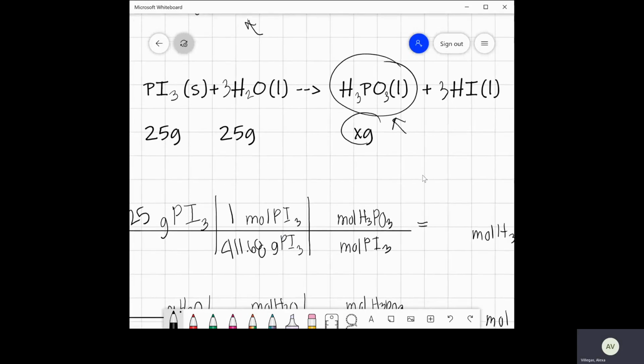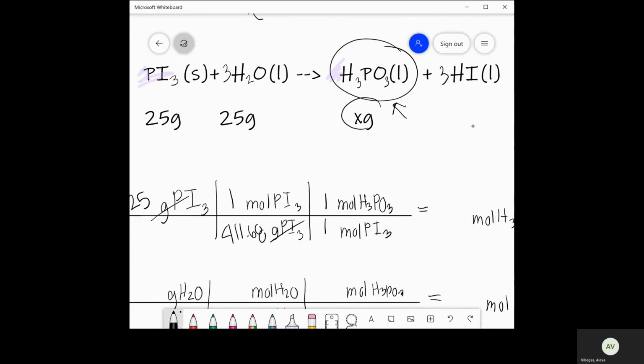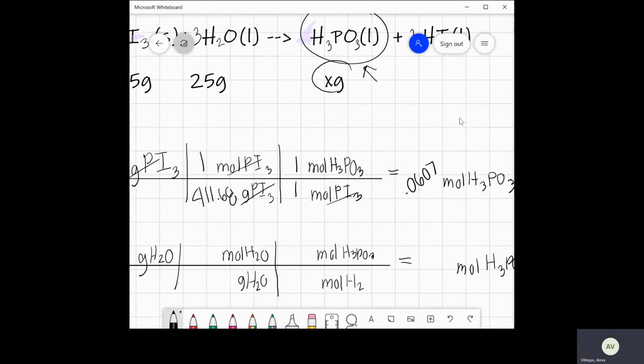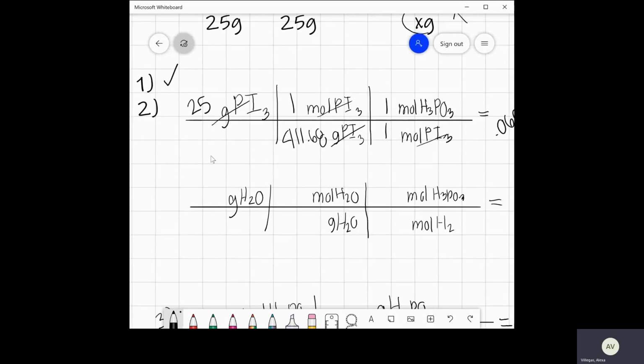And for every 1 mole of phosphorus triiodide, I have 1 mole of my product. So I go ahead, put that in, and my conversion factor, everything is good. So I multiply all that across, and I am going to get 0.0607 moles of product in an experiment with 25 grams of phosphorus triiodide.